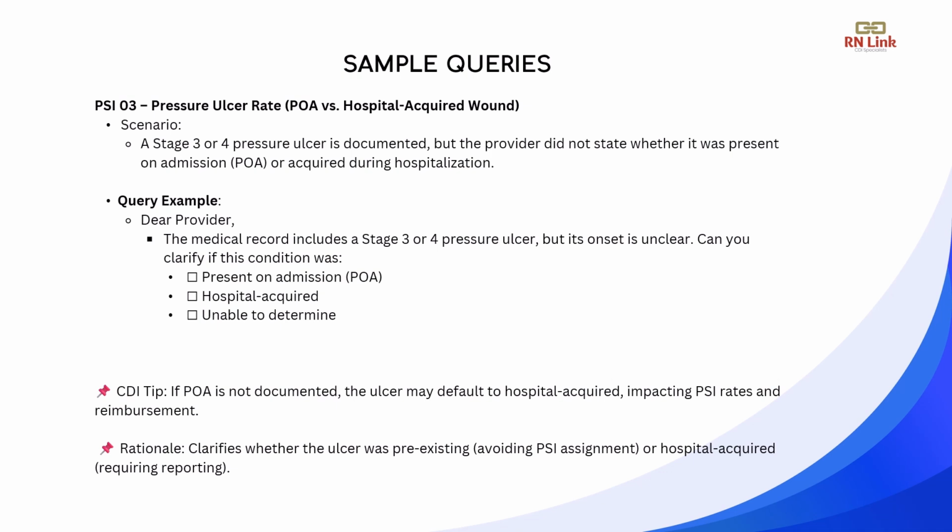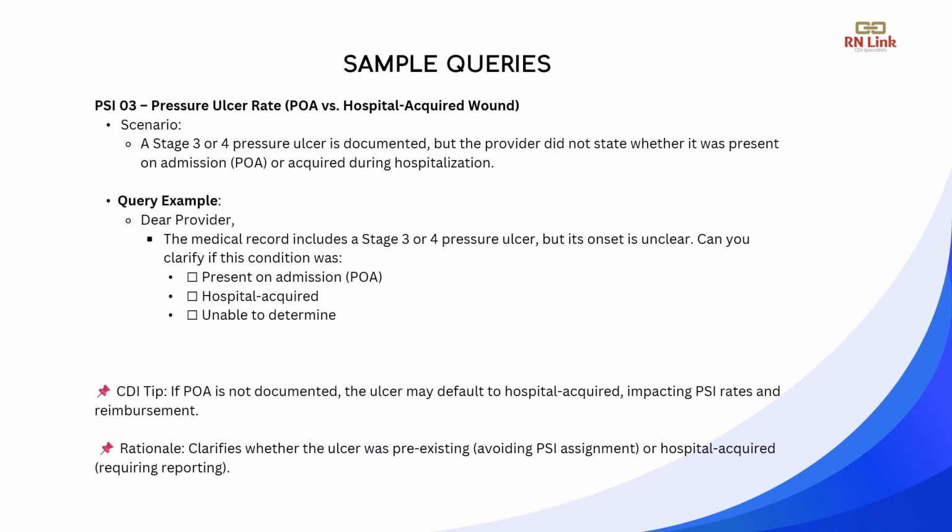Query example. Dear provider, the medical record includes a stage 3 or 4 pressure ulcer, but its onset is unclear. Can you clarify if this condition was present on admission, hospital acquired, unable to determine?